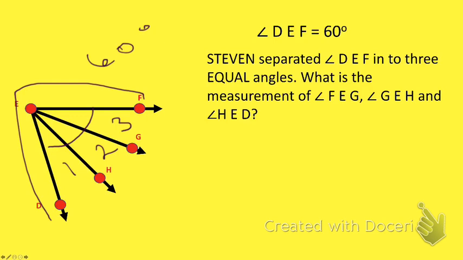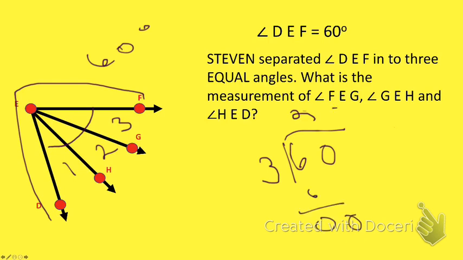What is the measurement of FEG, GEH, and HED? Well, we know we've got 60 to deal with, and we know we want three angles and we want them all to be equal. We could do a division. 2 times 3 is 6. Subtract, bring down the 0, 0. So all of these angles are 20 degrees. All right, they're all 20 degrees.